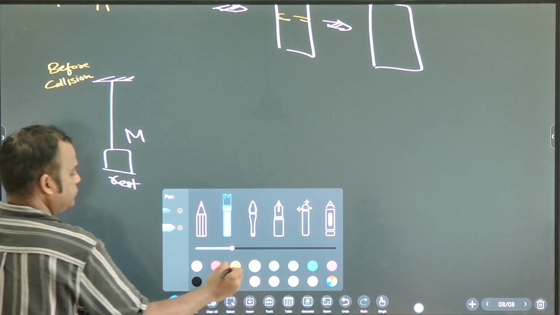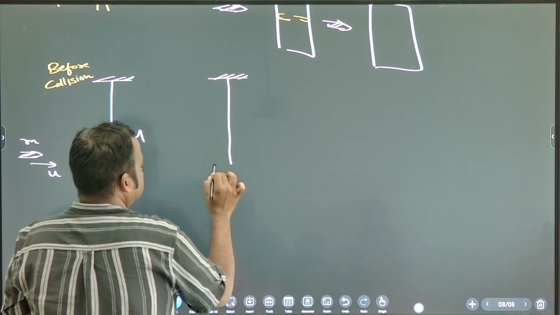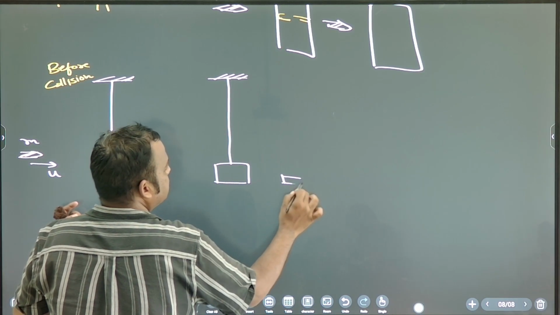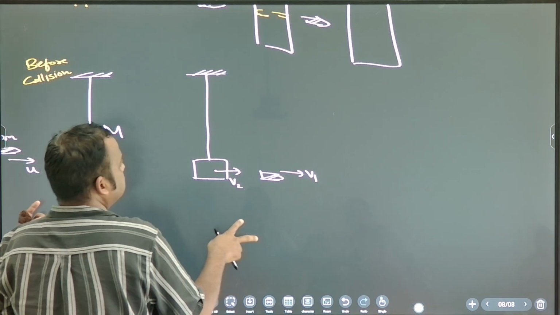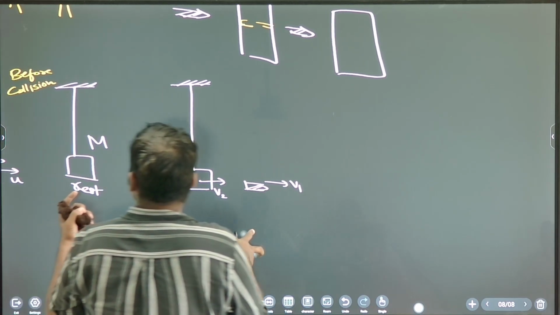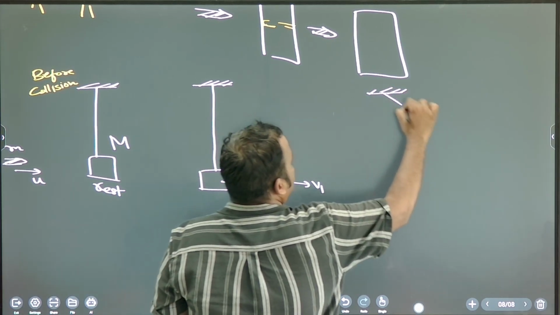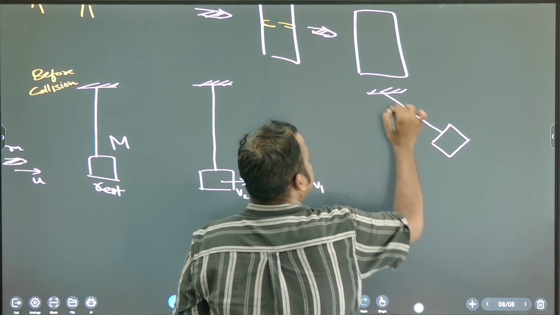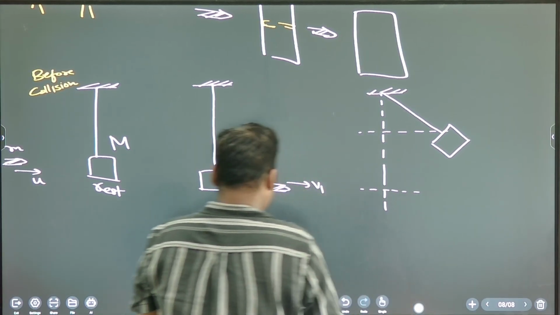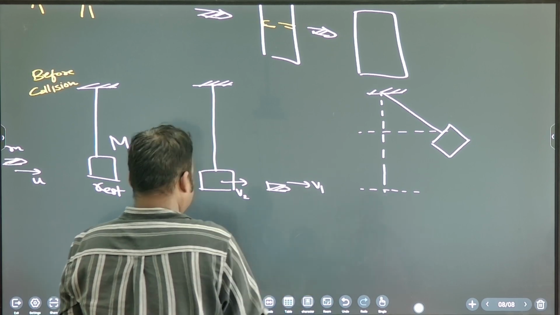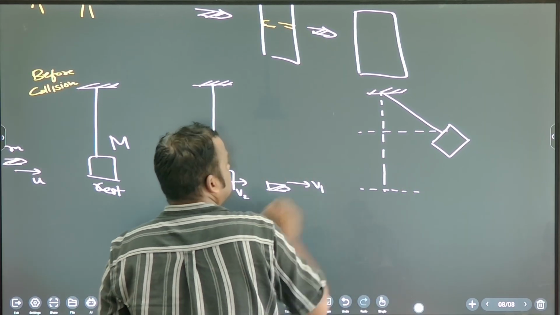Now after collision, the velocity of the bullet is v1 and the velocity of the block is v2. And the block will go to this height. So this height is h.